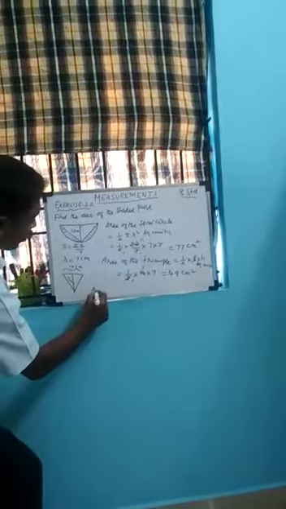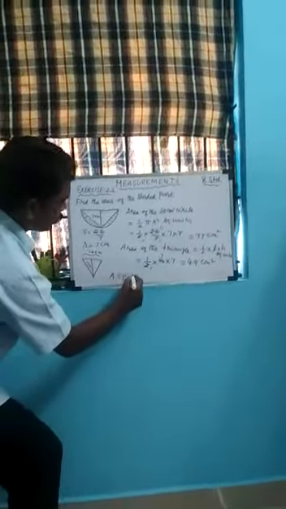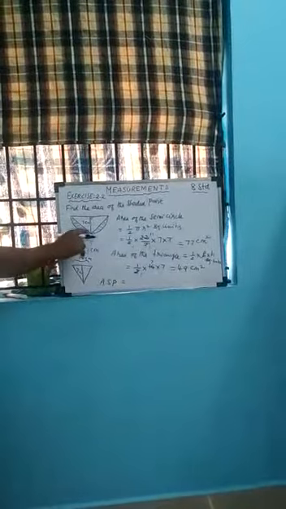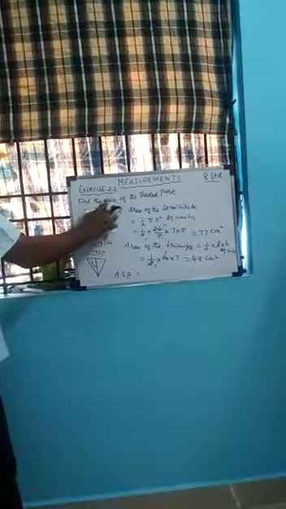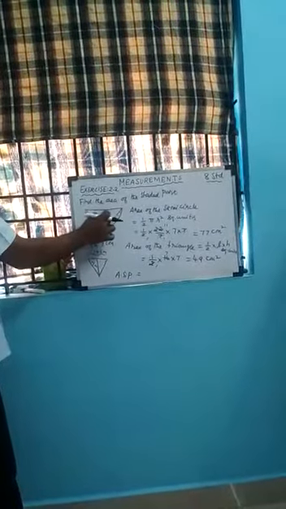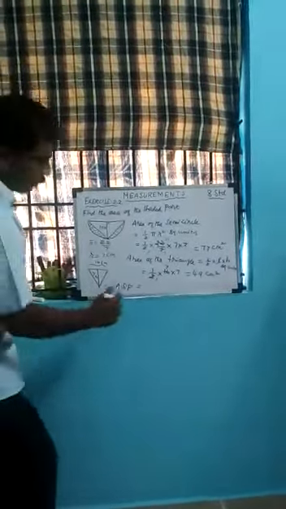Therefore, area of the shaded part equal to area of the semicircle, the total area, minus area of the triangle.